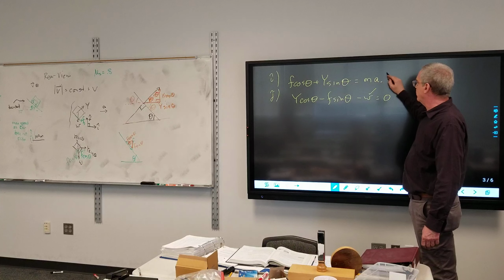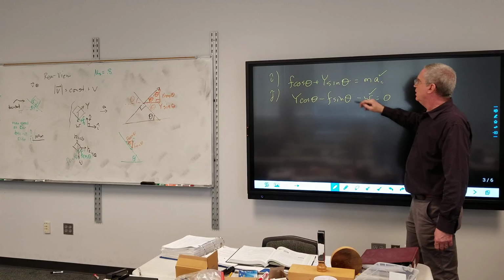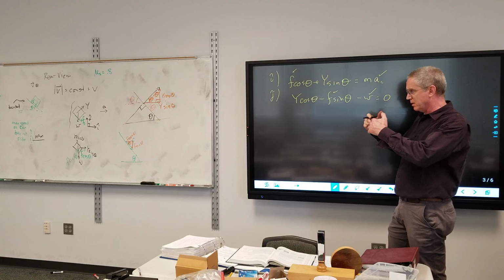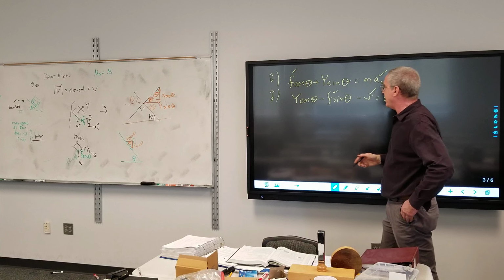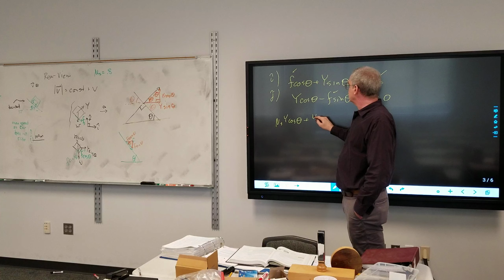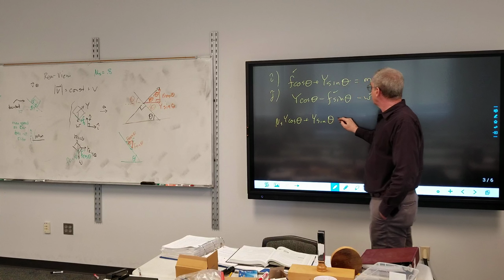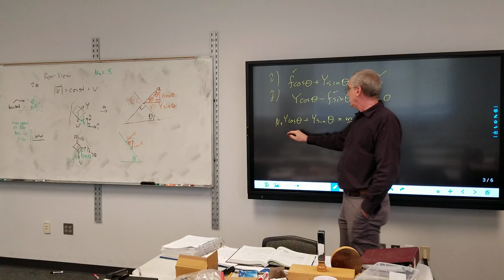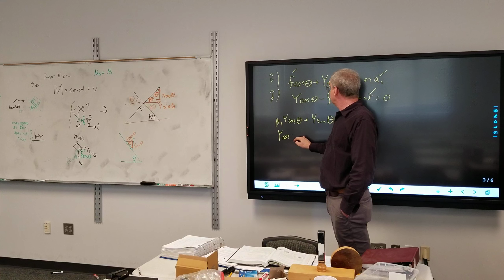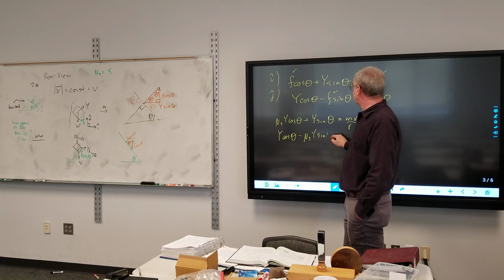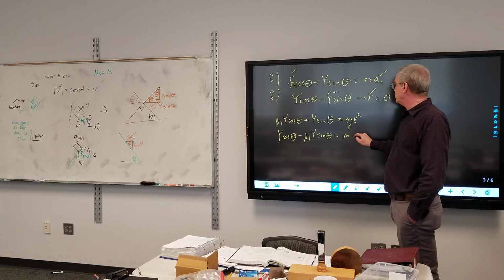Substitution: we have a formula for weight and the centripetal acceleration, and we have a formula for friction. We're at the cutting edge there, at the breaking point, so we're at the maximum static friction, and so we end up with mu s y cosine theta plus y sine theta is equal to mv squared over r, and y cosine theta minus mu s y sine theta is equal to mg.